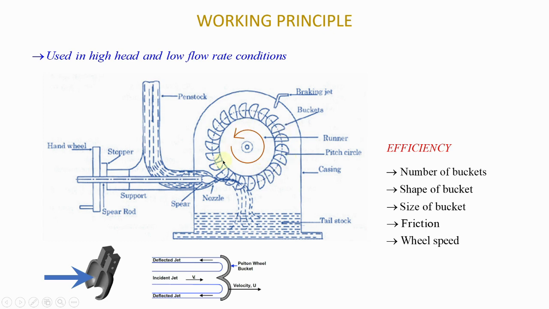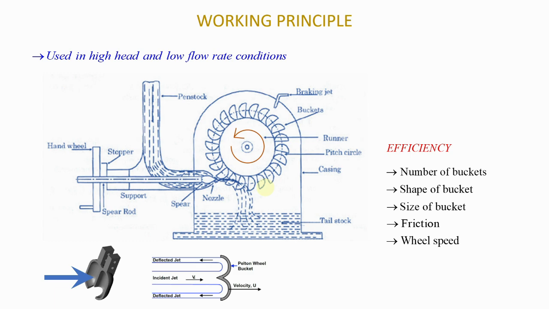What will then happen is that some of the buckets will not be properly impacted by the jet of water, because as the water is coming to make contact with the bucket, but because the bucket is going around very fast, because the wheel is spinning very fast, then of course that bucket will move away from the jet before the jet has had a chance to actually make a real impact on it. And so the speed of the wheel can also affect the efficiency of the Pelton wheel.